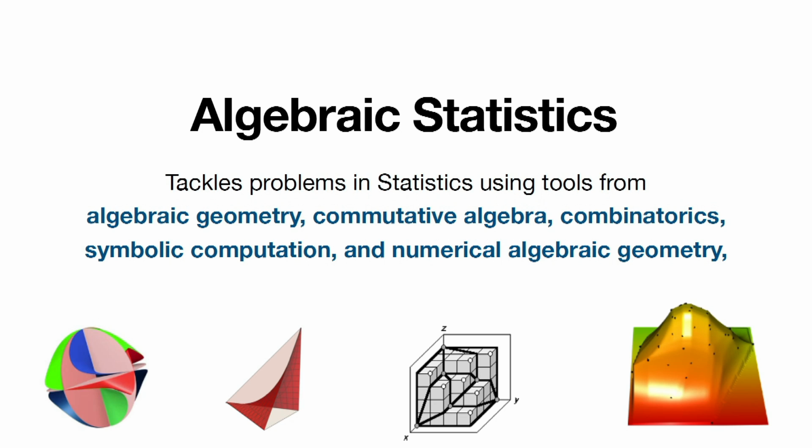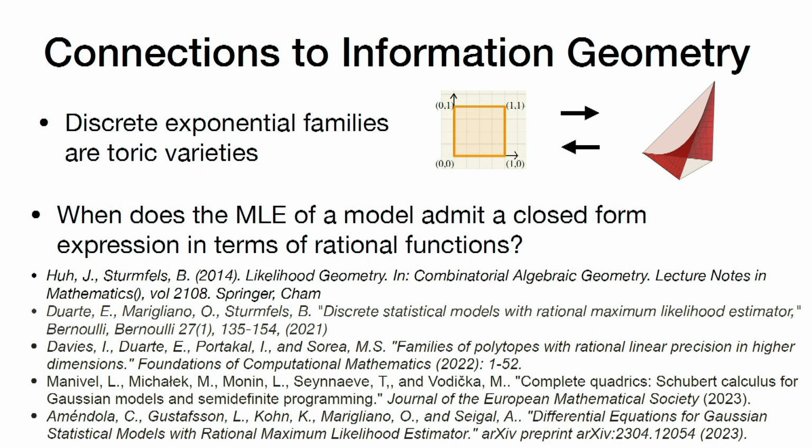I thought were nice. And let me tell you a little bit about the connections between algebraic statistics and information geometry. So as Bernd pointed out many times during his talk, the world is toric. So I'm going to repeat that here, in the sense that discrete exponential families are toric varieties.